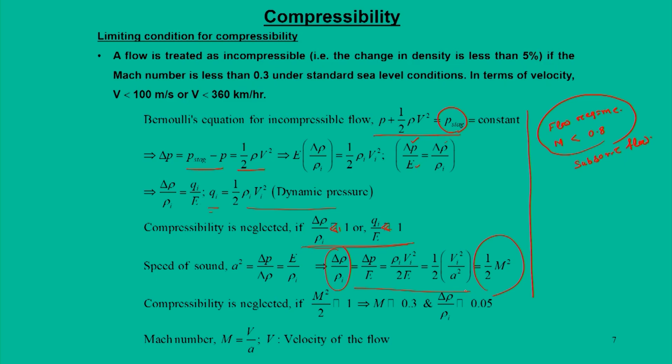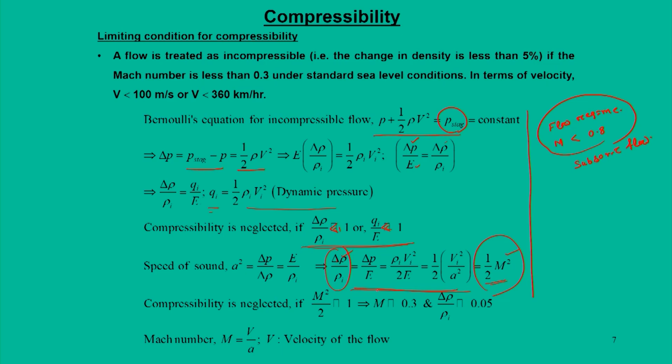These are the steps by which delta rho by rho becomes half M square. This is a very basic relation between density change and Mach number.